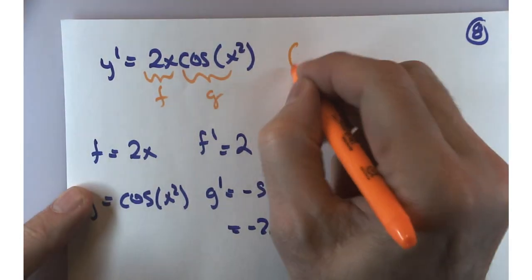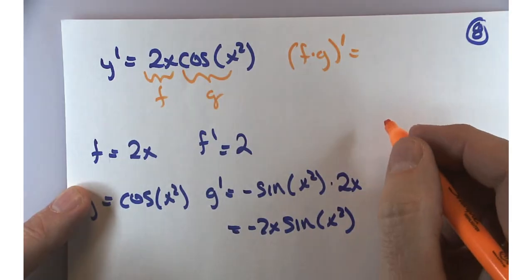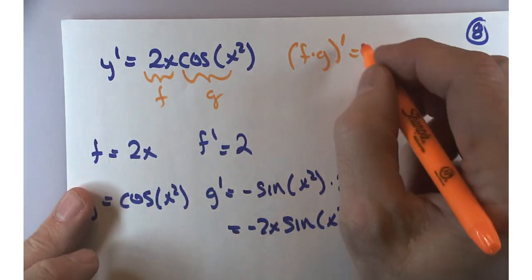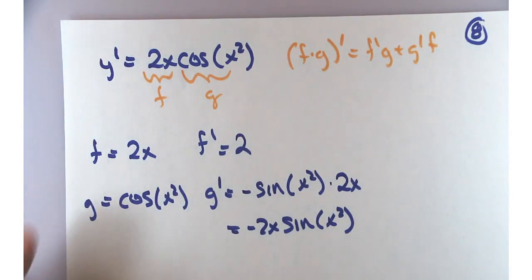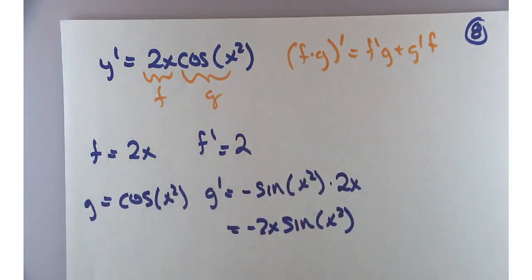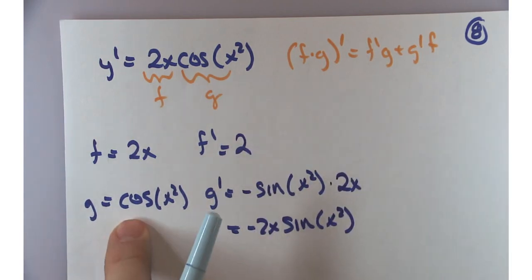Now a reminder here, the derivative of f times g is f prime g plus g prime f. So it's just a matter of some cross multiplication of these two things. I'll start here. f prime times g plus g prime times f.